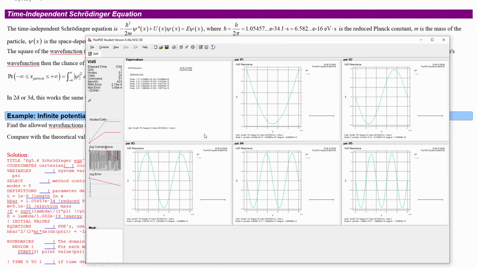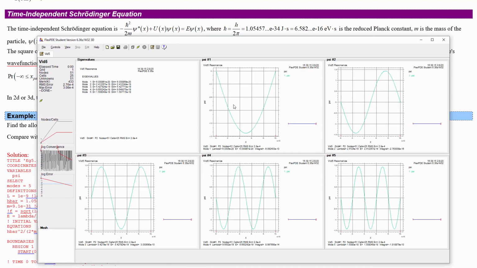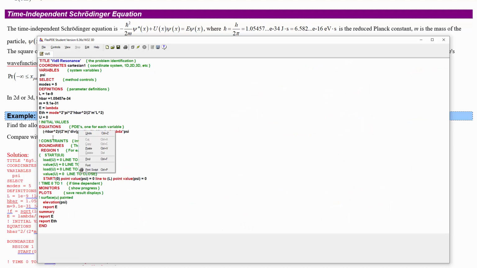If you're familiar much with what we should get in an infinite potential well, then these might look familiar as well. And even if you're not, you might say, hey, that's exactly the same as the modes on a string. Yes, we've essentially set up exactly the same form of equation as the wave equation here. When U is 0 inside the well, and then at the walls, the potential is infinite.